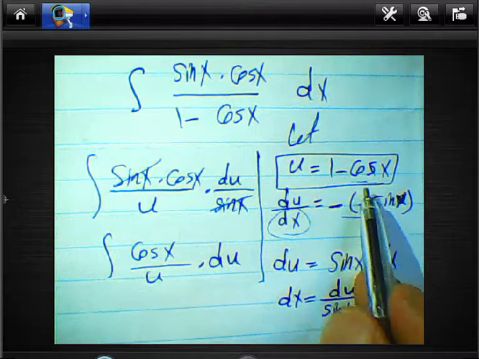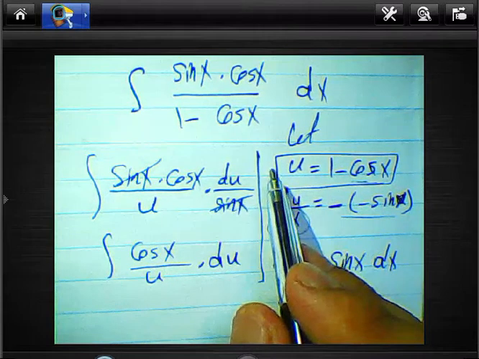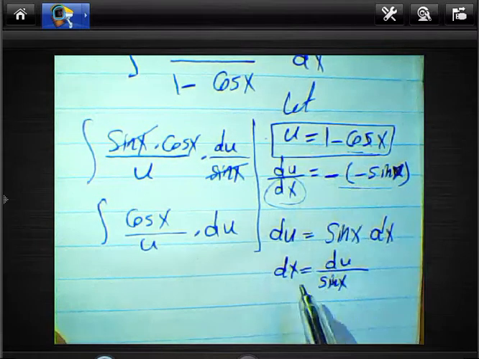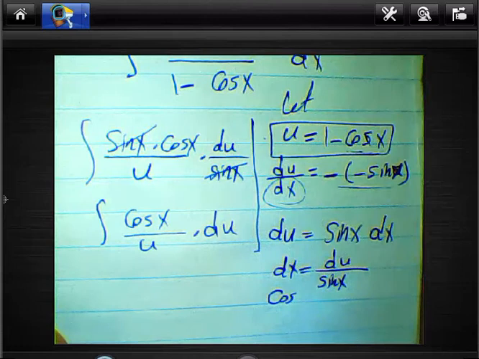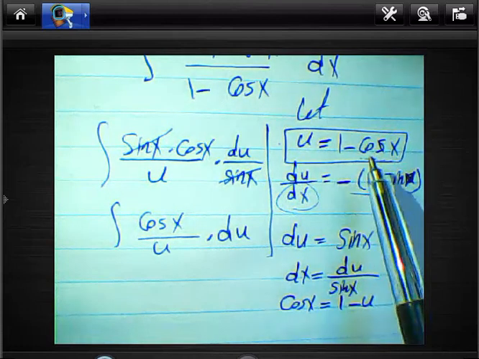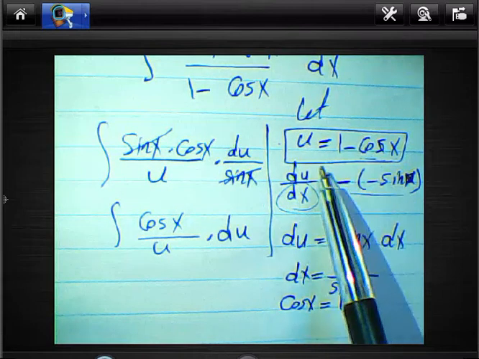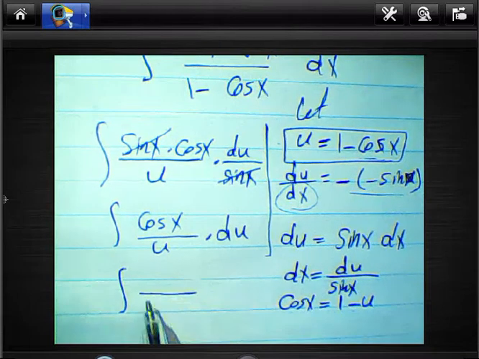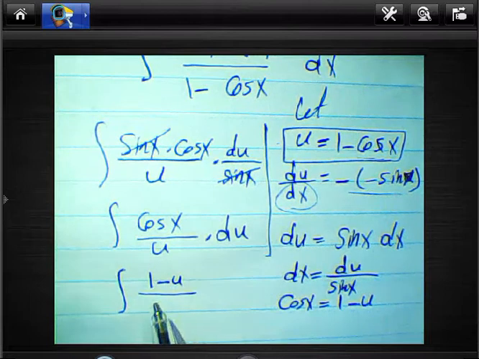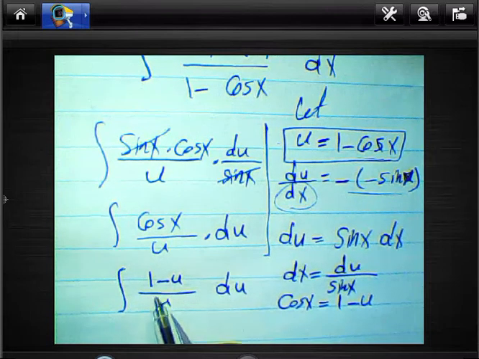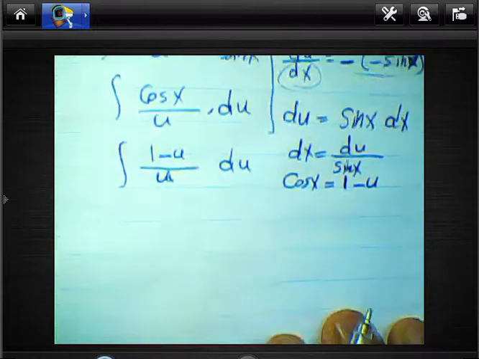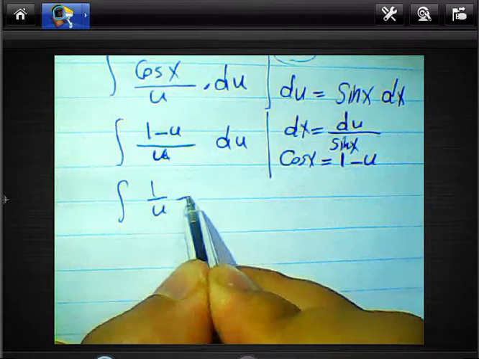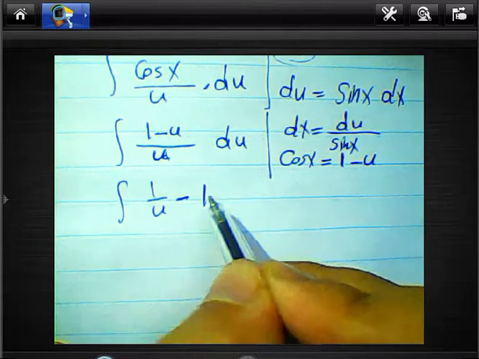We know cosine x equals 1 subtract u, so we can write the integral of 1 subtract u over u du. So we can find the integral of 1 over u subtract u divided by u, which equals 1, du.